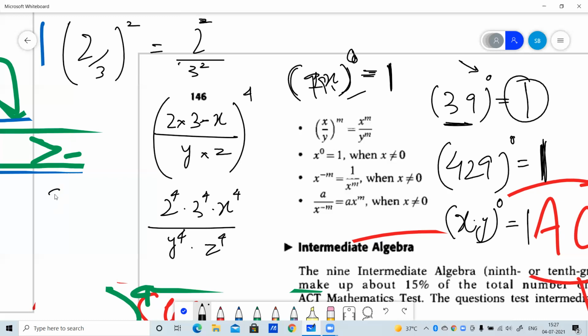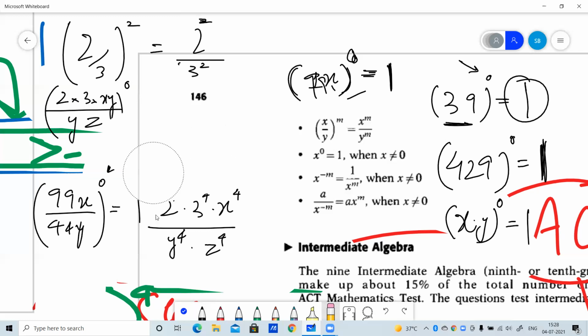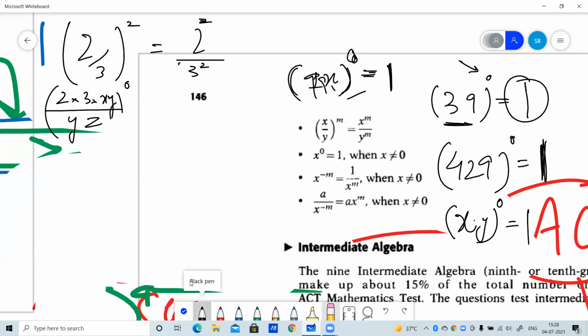What is 99x divided by 44y whole raised to the power 0? Again 1. Power is raised to the 0. So what is 2 times 3 times xy divided by yz whole raised to the 0? 1. Correct. Anything raised to the 0 is always 1.